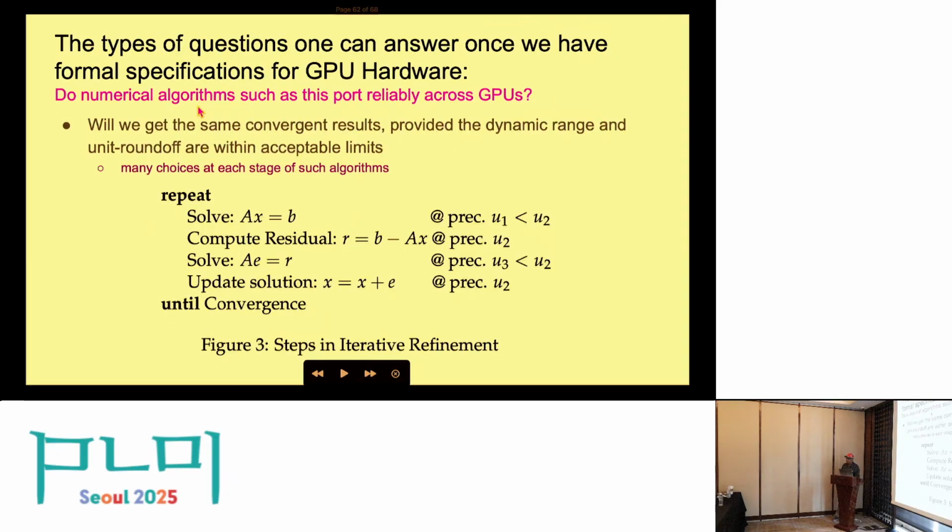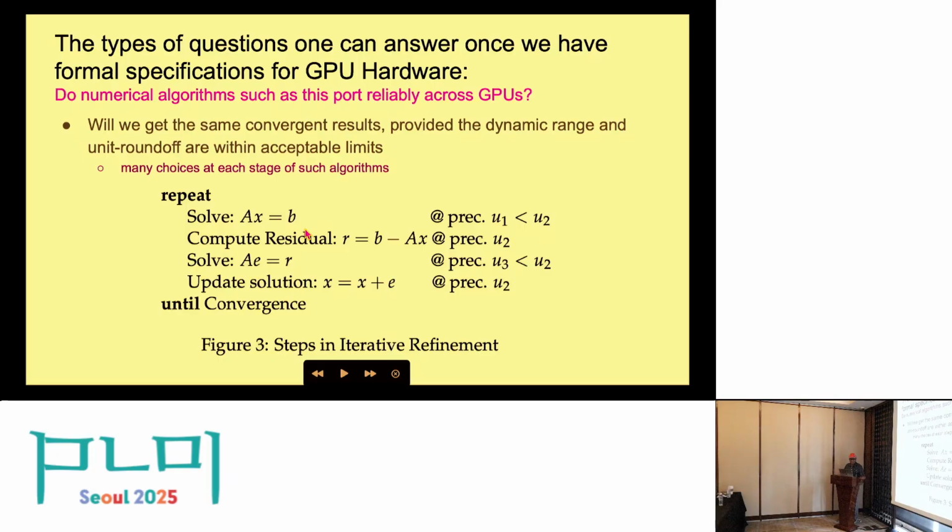This is where the surfeit of specifications will start affecting us. In our current work, we are taking linear solvers and porting them to run on strange hardware. Iterative refinement is one of the modalities where low precision hardware is going to be used. So we first solve Ax = b.